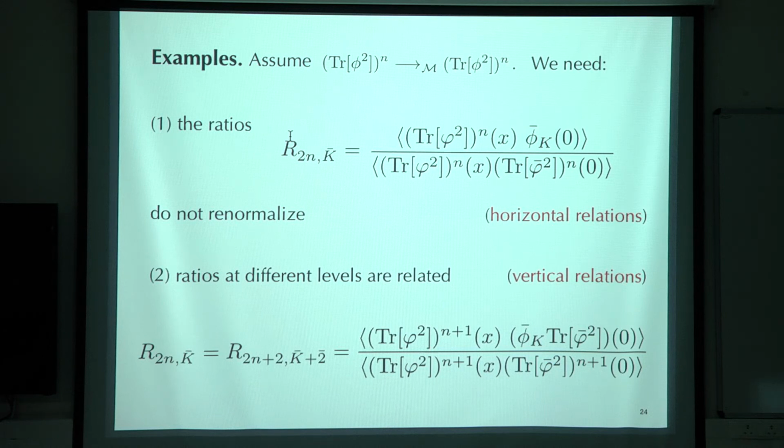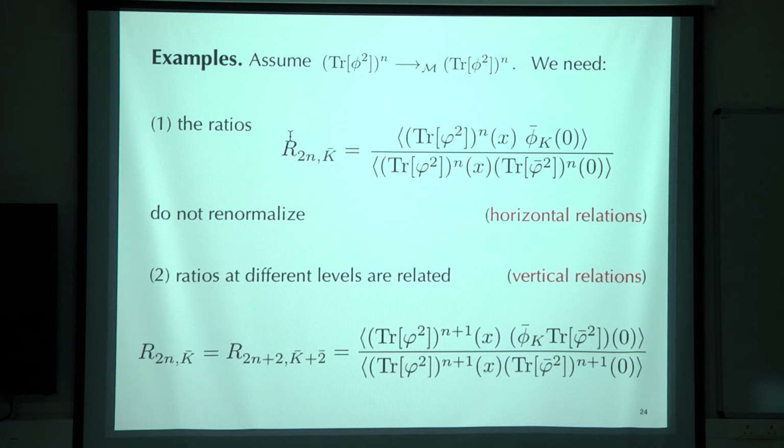Okay, that will be my non-renormalization theorem here. The requirement will be that this is a tree-level quantity. Okay, you see trace phi squared to the n with any degenerate operator over the 2-point function of trace phi squared to the n with itself, which looks like a very surprising thing to require.